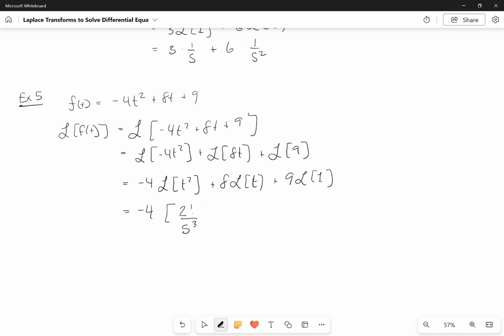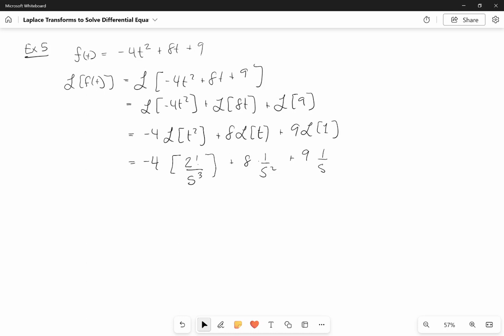This is straight from the table. And then we have 8 times the Laplace of t, which we just saw. Now n is 1, so this becomes 1 factorial over s to the 1 plus 1, which is s squared, plus 9, and the Laplace of 1 is 1 over s.